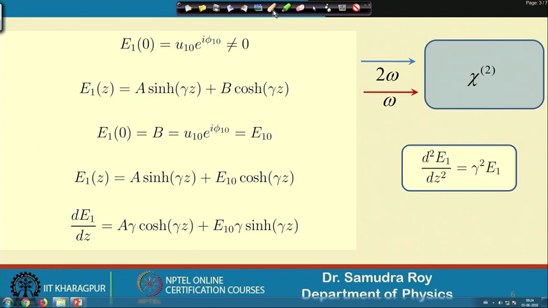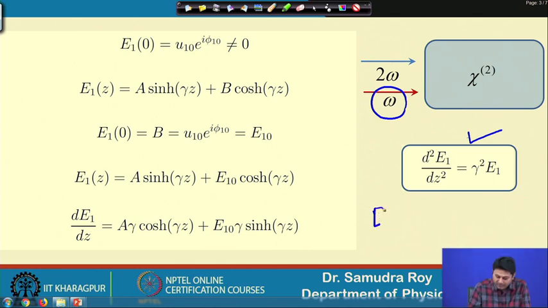So, the differential equation is shown here, and you should note that a different boundary condition is added here. In the previous case it was E1 at z equal to 0 was 0, but now we modify this boundary condition and say that E1 at z equal to 0 is equal to some value, and we write this value as U10 e to the power of i phi 10.